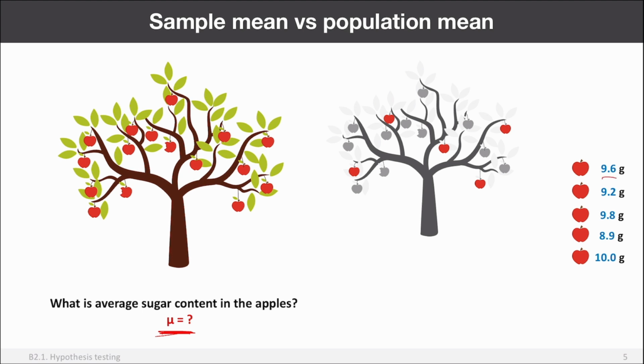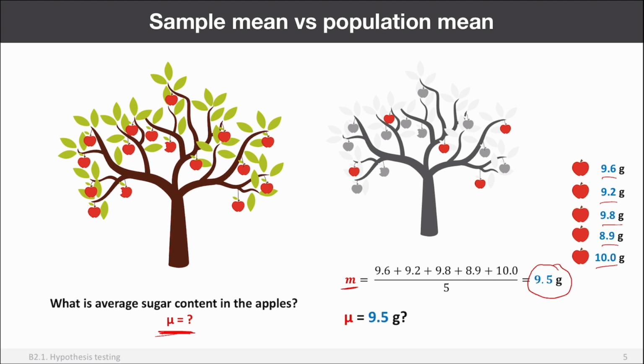You can see I have 5 values here because my sample size is also 5. And then I can estimate mu by calculating the sample mean. So instead of the population mean, I compute the sample mean, and then I use it as an estimate for the population mean, right? So this is the value I got, 9.5 grams per 100 grams of the total mass, or 9.5 weight percent.